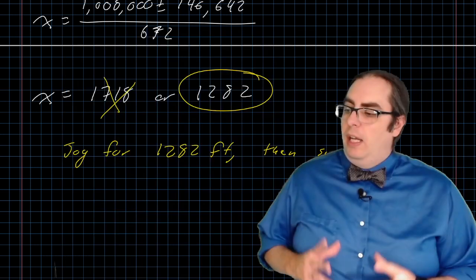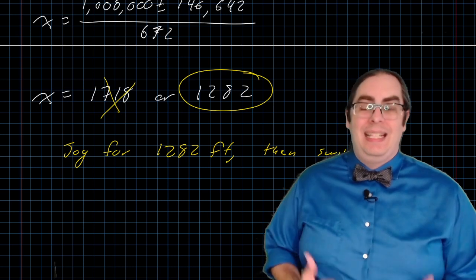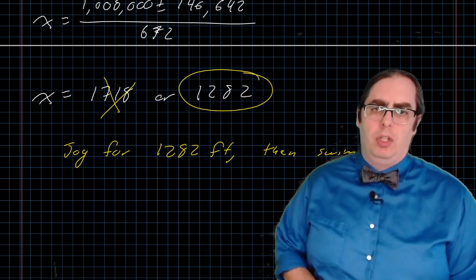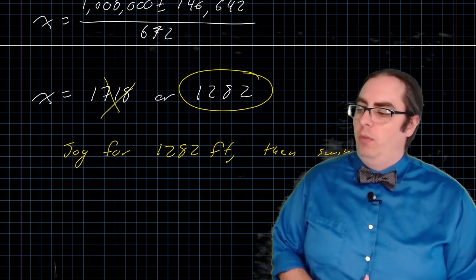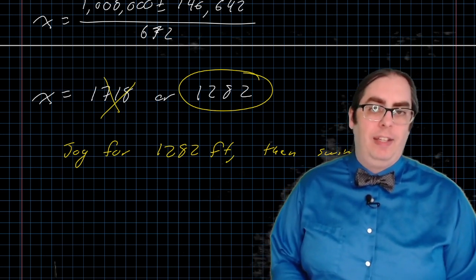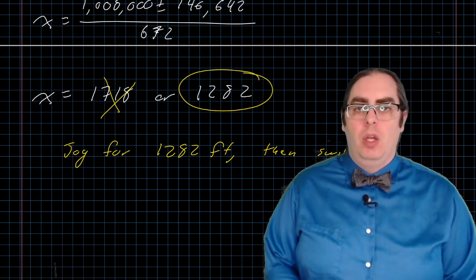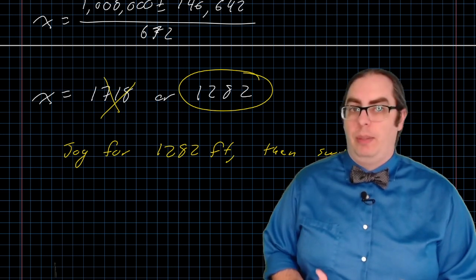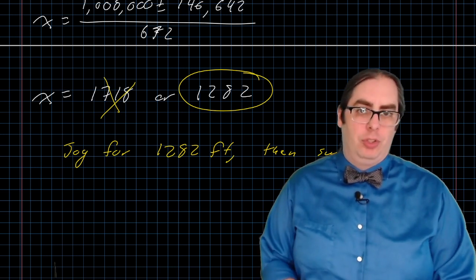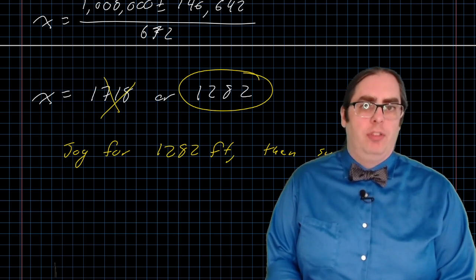All right. I think that this video has gotten long enough. I claim, without having gone through it, that the answer here is going to be to jog for 1,282 feet and then swim from there to the island. What I'd like you to do is think about what we've talked about with the extreme value theorem and finding absolute extrema in the past, and set up the rest of this.